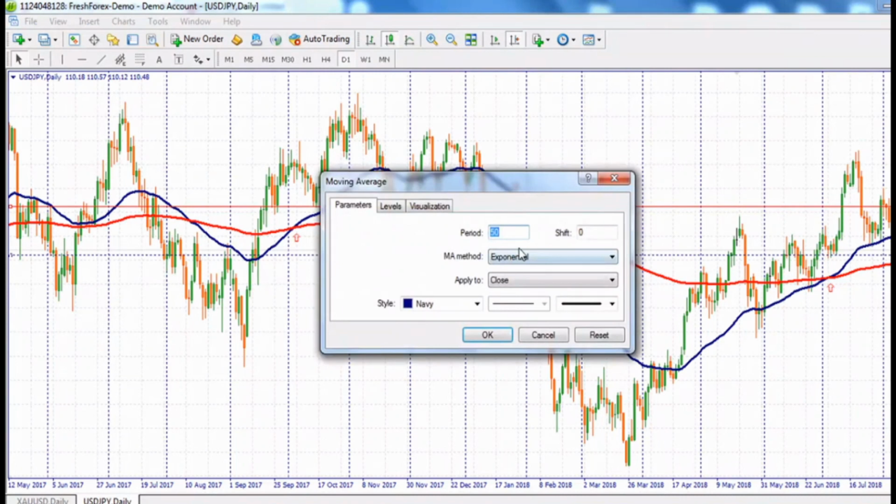So if you combine these two indicators, the moving averages with this indicator on our screen, you're supposed to have bought here.